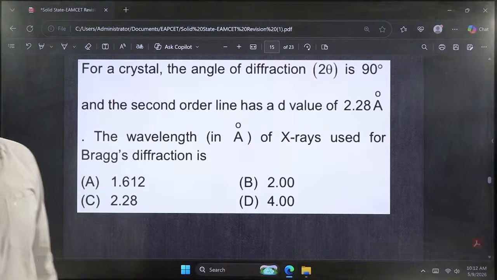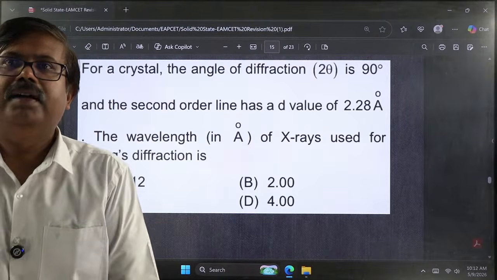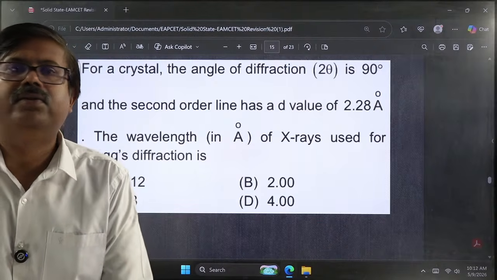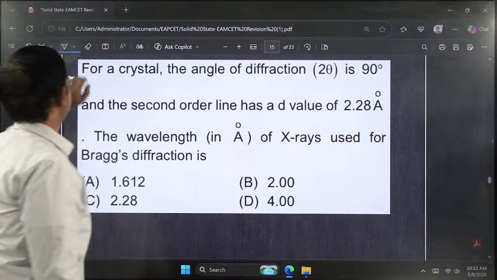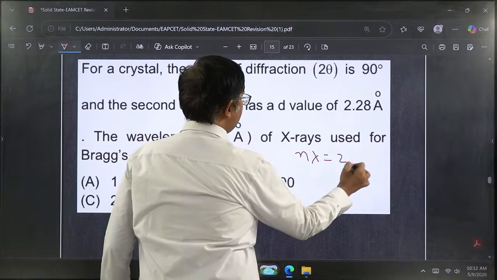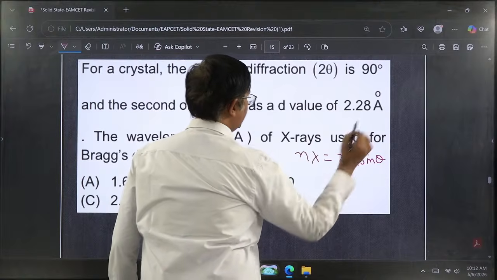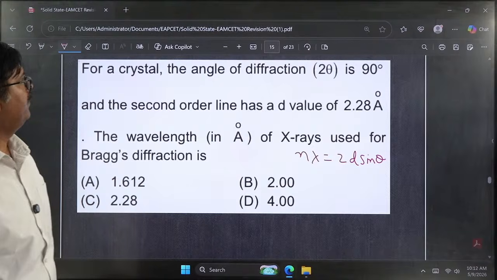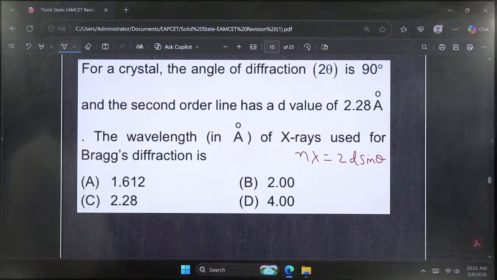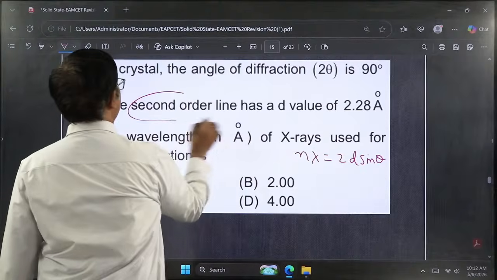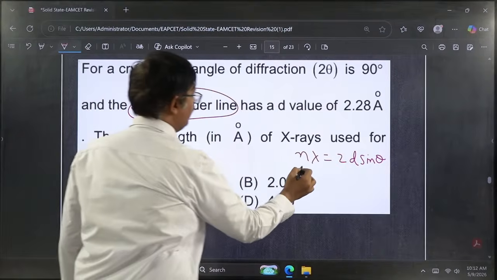This is a Bragg's equation related question, and in the board exam preparations also, when you studied the solid state, you know Bragg's equation. Bragg's equation is what? n lambda is equal to 2d sin theta. Here they have given the second order line, so n value is 2.